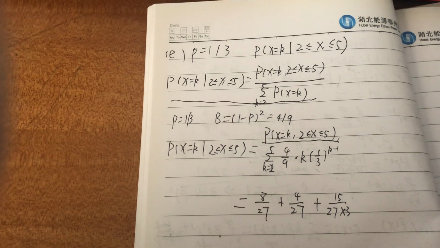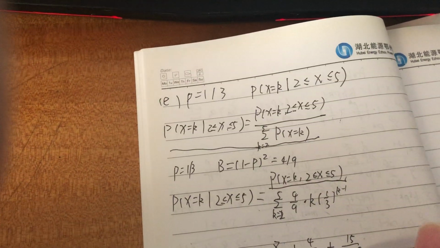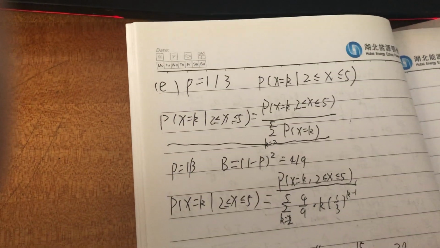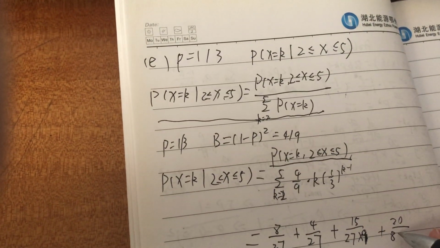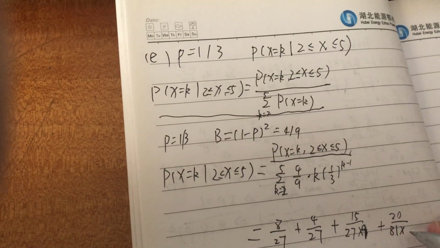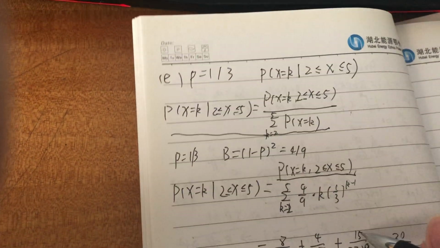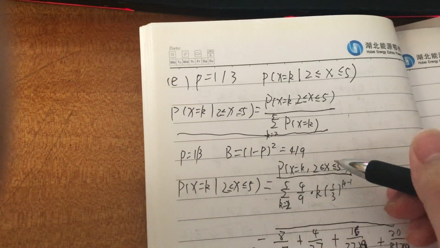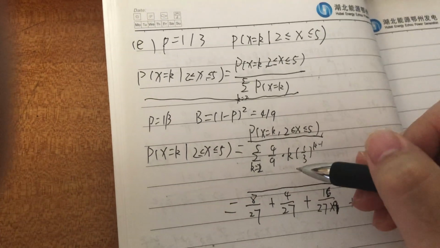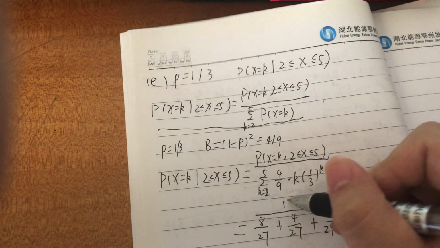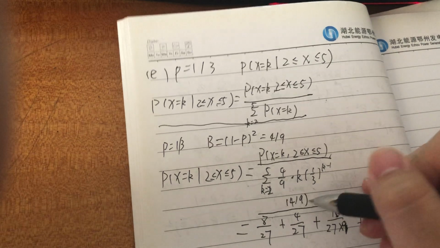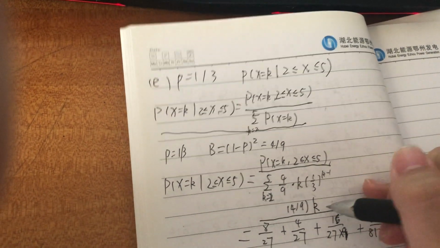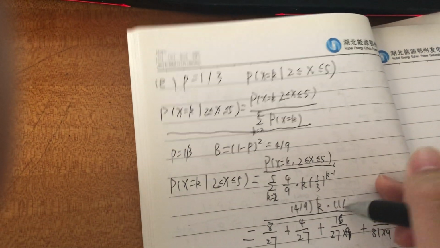The number is times 9, and plus 20 over 81 times 9, not 15, 16, and we plug in the number here, this is b, and times plug in the function, like times k, and also one more.